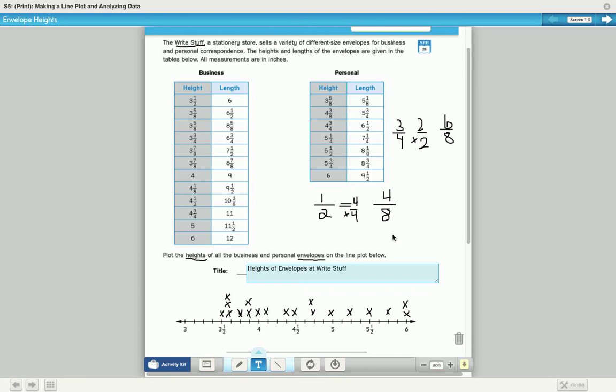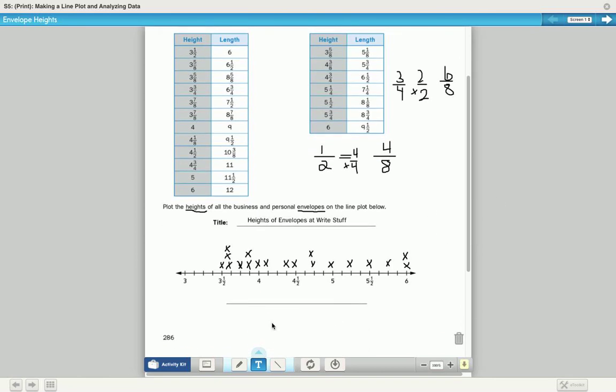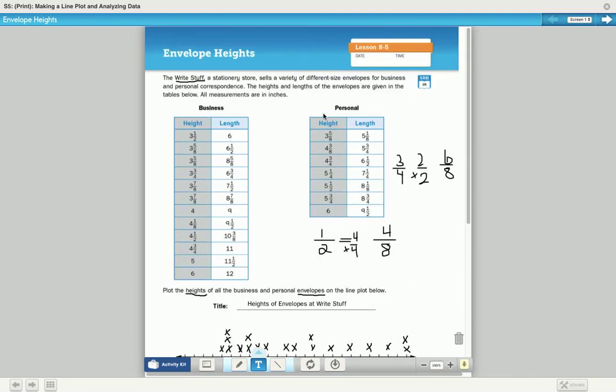Okay? And then underneath, you have to have a label for the X's. What do the X's mean? Well, remember we have to show what it is we're measuring and what label we used. So the height is what we were measuring. And then we have to tell what measurement it is. And then up here it tells us it's in inches.